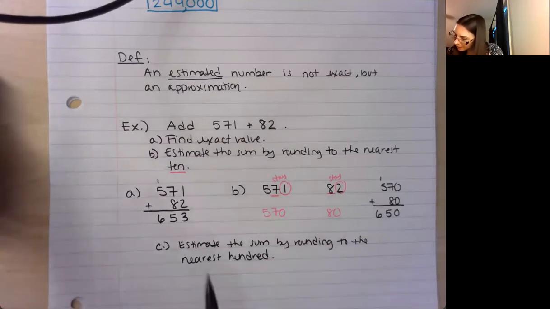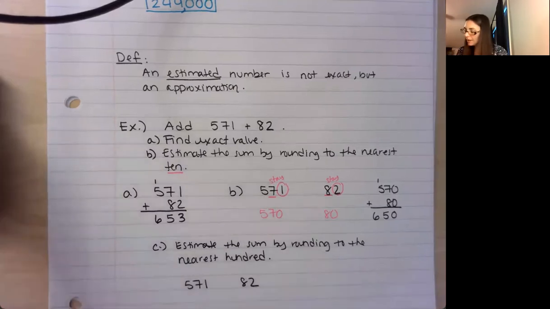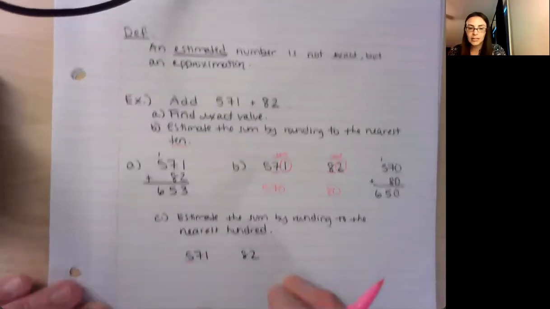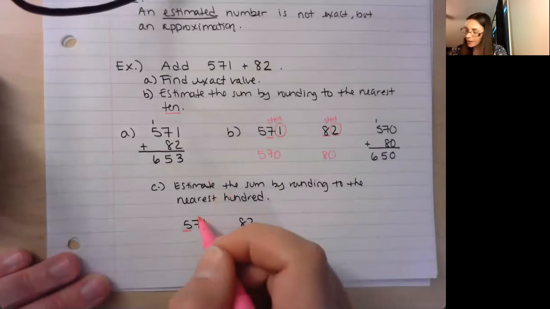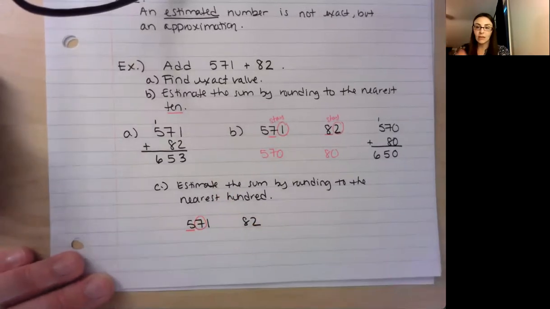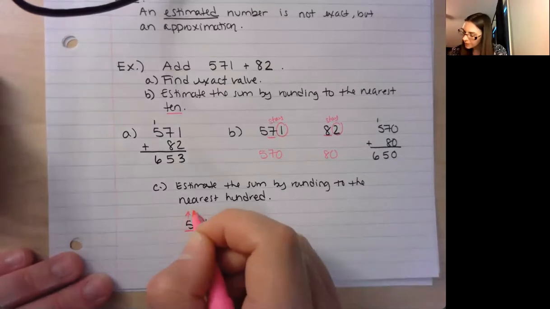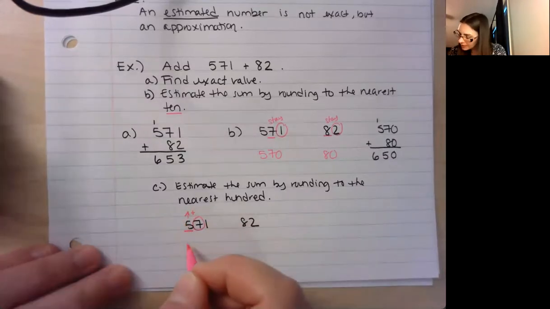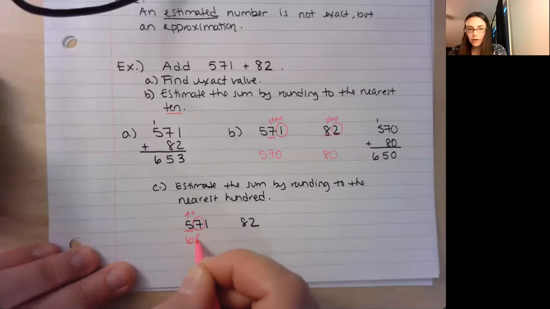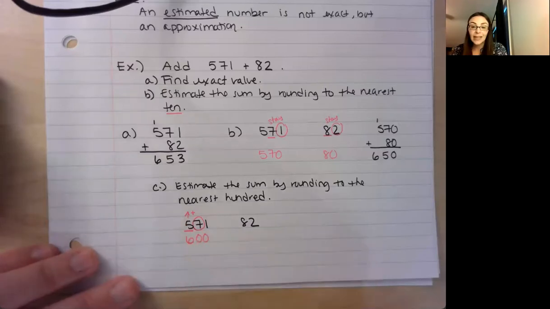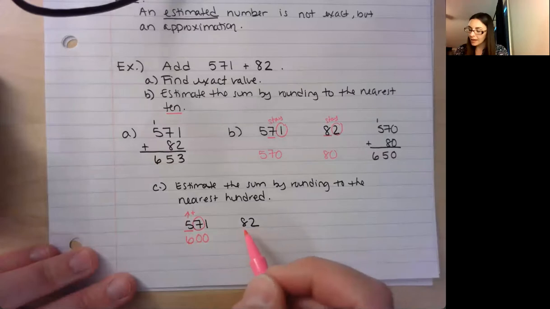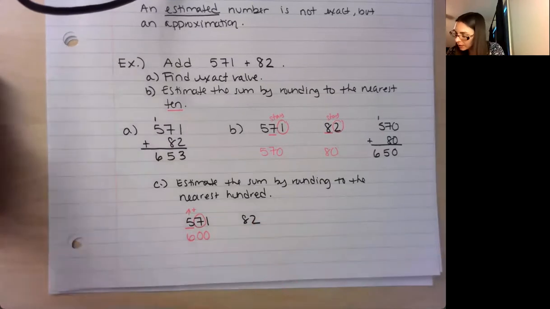So if I'm looking at 571 and 82. Well, in this case, my hundreds position would be the 5. My next number is a 7, which is in that bigger category, 5, 6, 7, 8, 9. So it is going to bump that 5 up. 5 becomes a 6, and my other digits become 0. Now here, I don't have a hundreds place, but I do. I just have to put a 0 in, right?